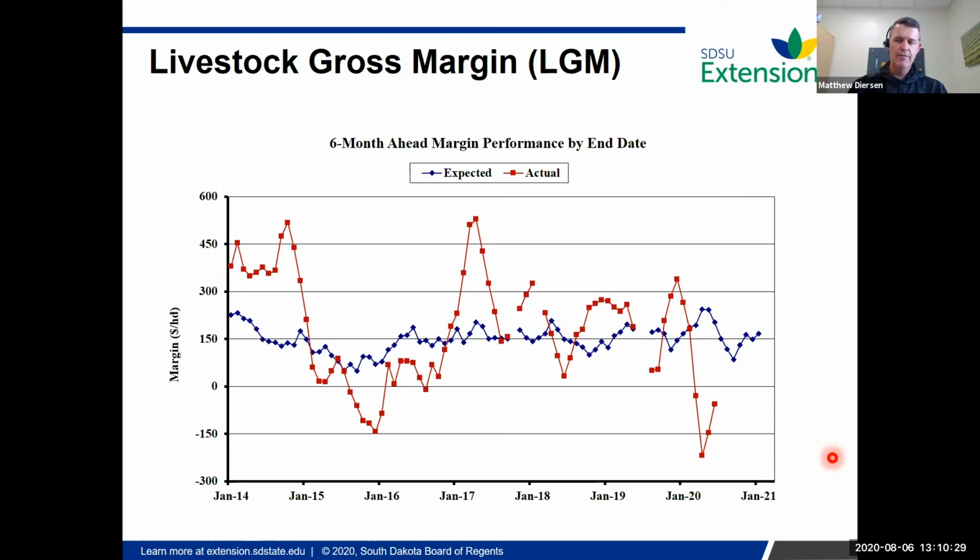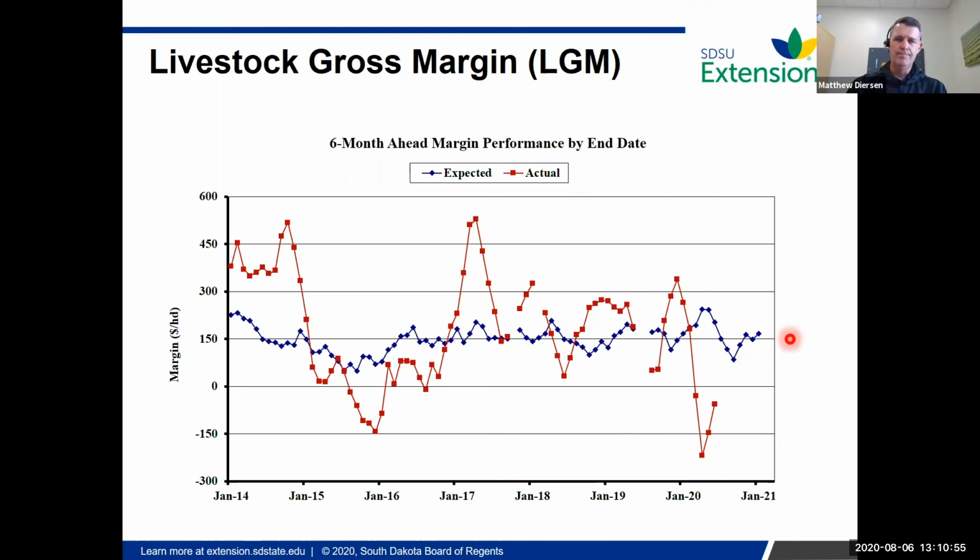This would be a live cattle futures position, feeder cattle, and corn futures positions dictating a feeding margin. So it's a paper feeding margin behind the scenes, but throughout the last 7 or 8 years, the expected feeding margin has fluctuated around $150 per head for 6 months ahead.